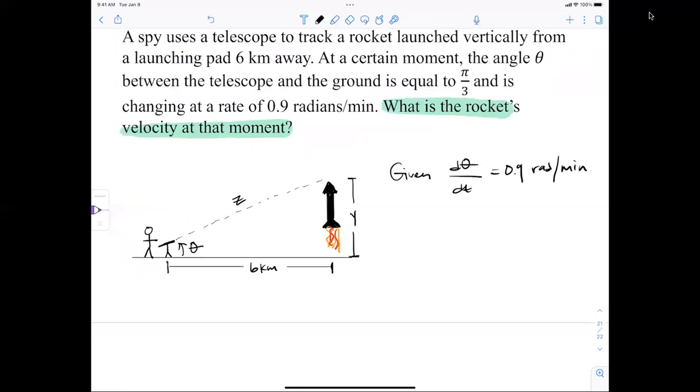The last sentence describes the rate that we are solving for, which is the rocket's velocity at that moment. So at the moment when theta is equal to pi over 3, we are going to solve for the rocket's velocity. How could we write down the rocket's velocity?